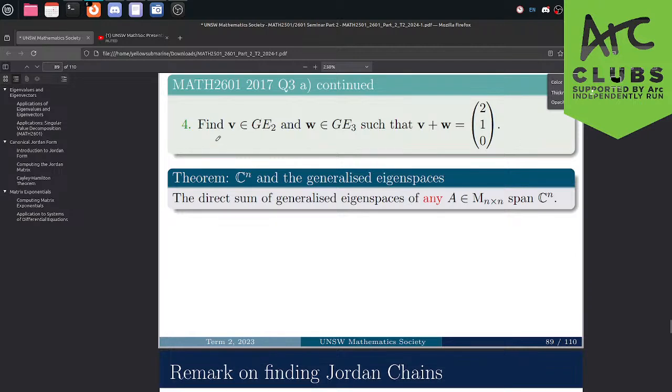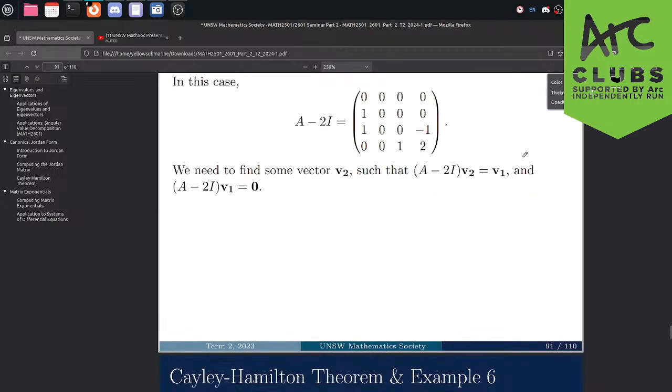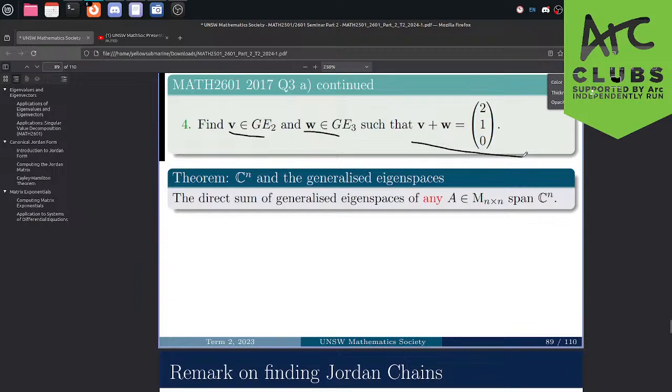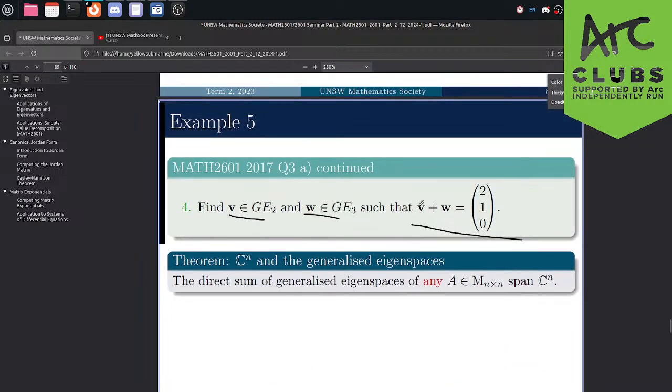So now, final part, surprise question. We want to find V here and W here such that V plus W is equal to 2, 1, 0. This might be a strange question, as if it's assuming there's always V plus W equal to 2, 1, 0.